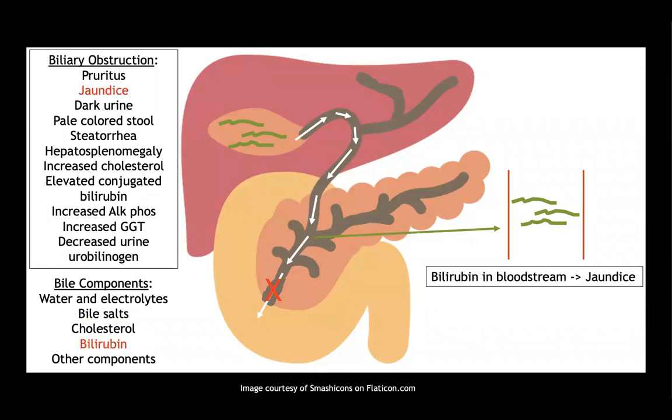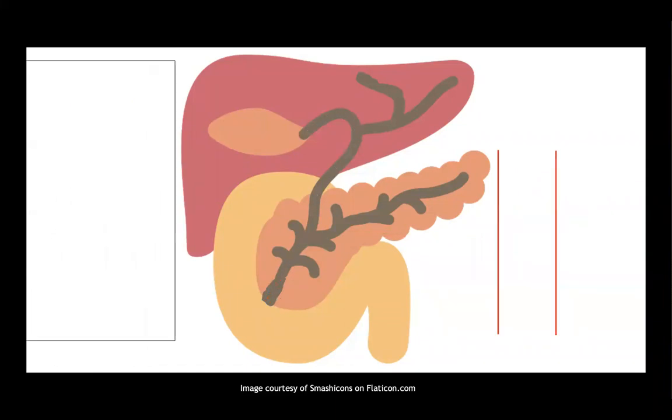Jaundice is caused by any sort of bilirubin in the bloodstream, whether it's conjugated or unconjugated bilirubin. Dark urine is also caused by bilirubin in the bloodstream, but it's just the conjugated form that's causing the dark urine. I'm going to show this in a graphic to make sure it makes sense to you.